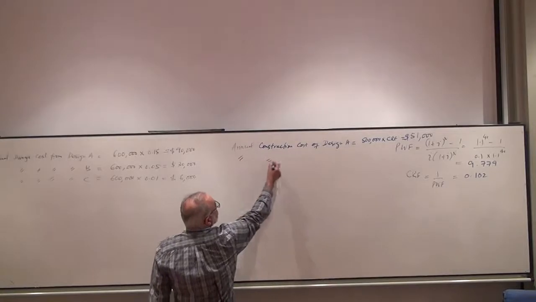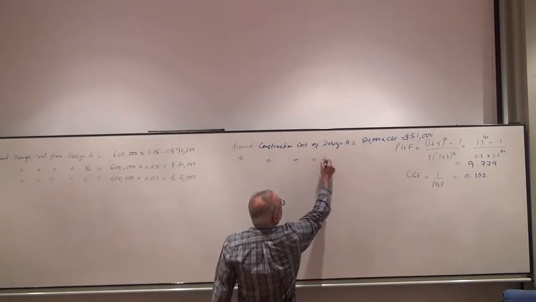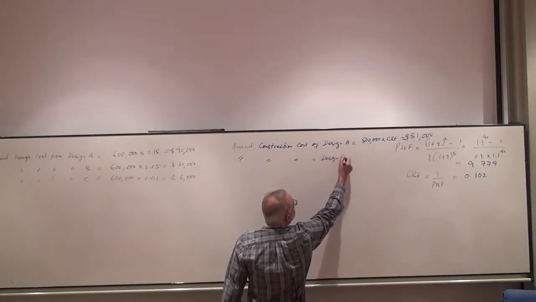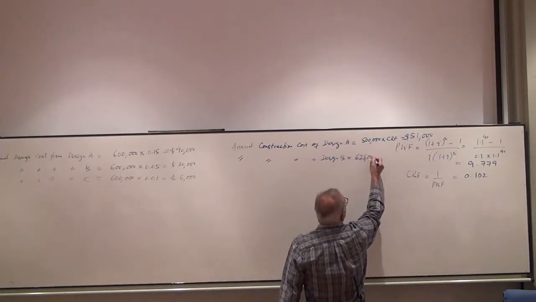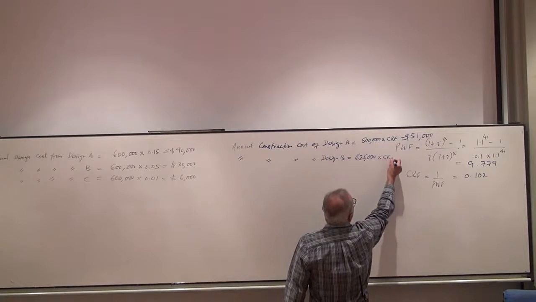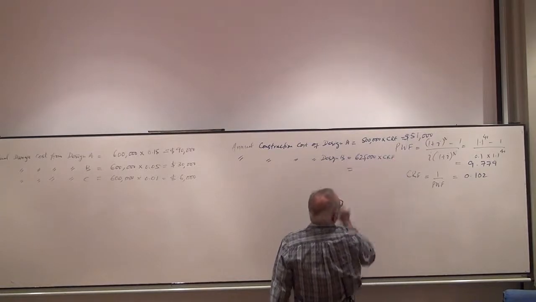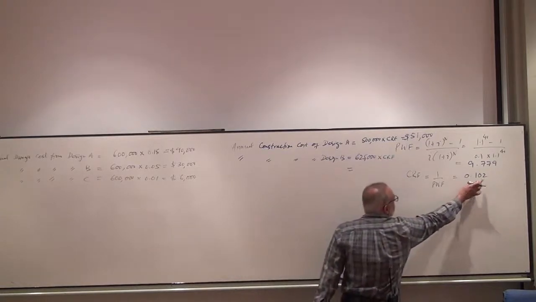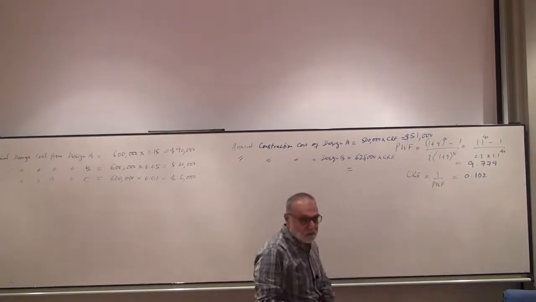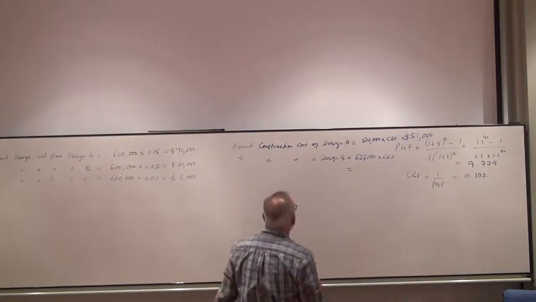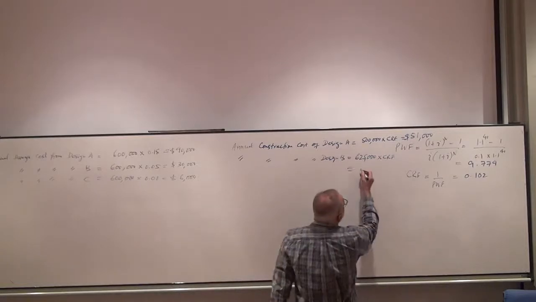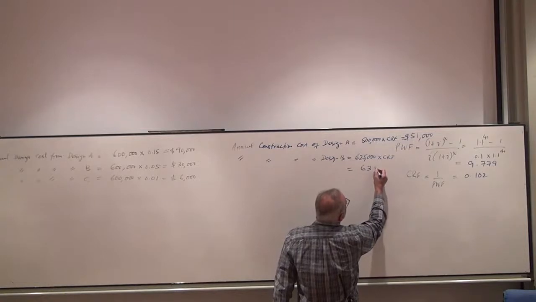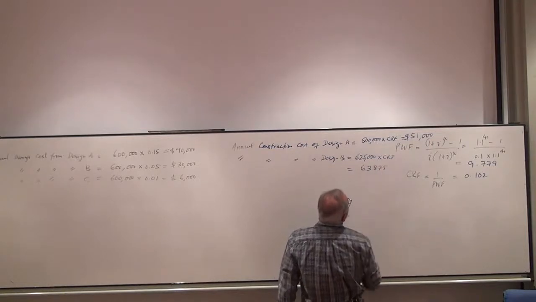And then the annual construction cost of design B: I think it was 625,000, multiplied by the capital recovery factor. Just multiply 0.102 with 625,000. That gives 63,875.